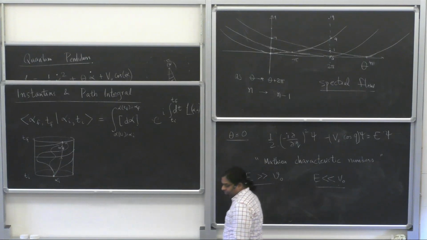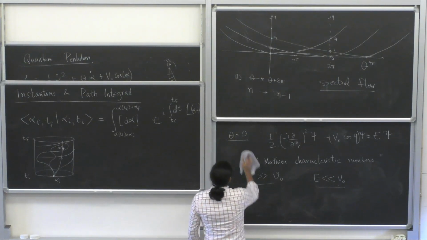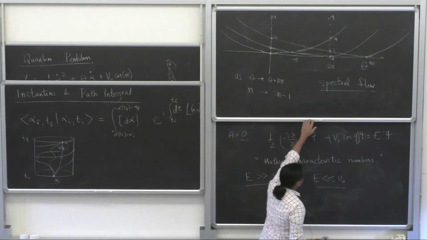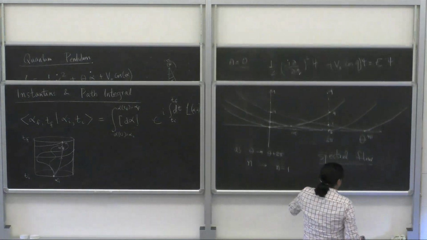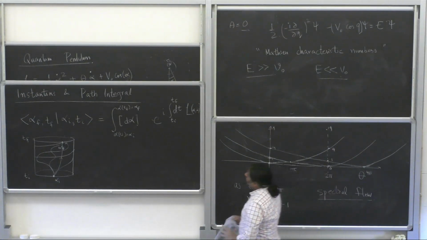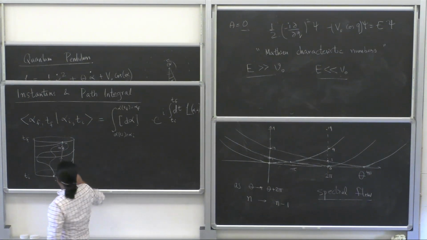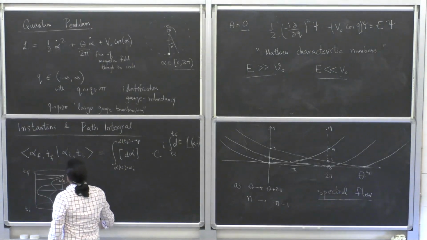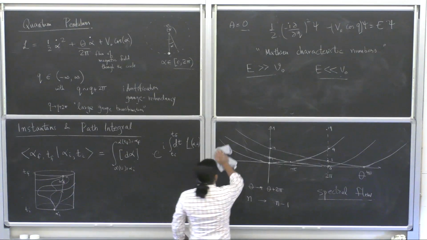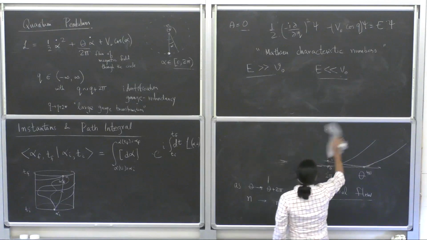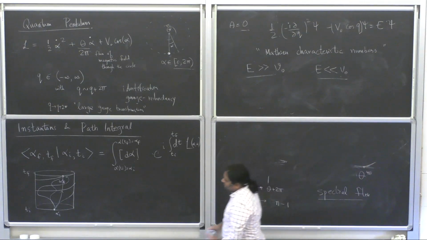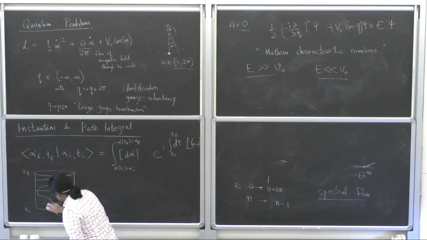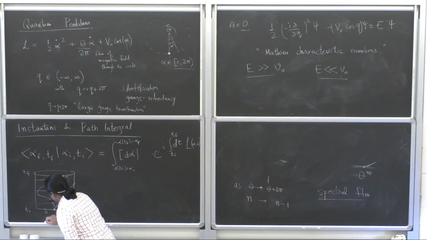And again, as before, it's more convenient to work, instead of with these angular variables valued in 0 to 2 pi, in the variable q. You can imagine that our angle was defined with 0 here and 2 pi going around.